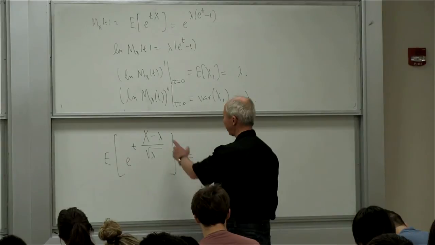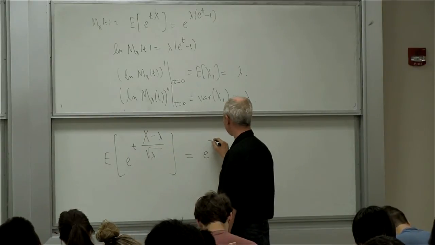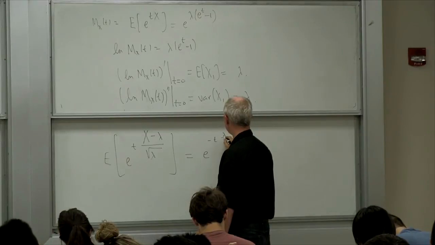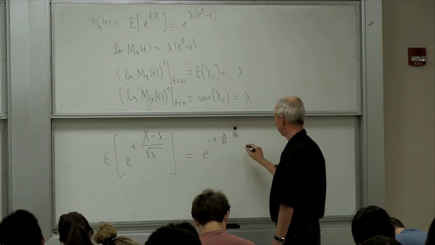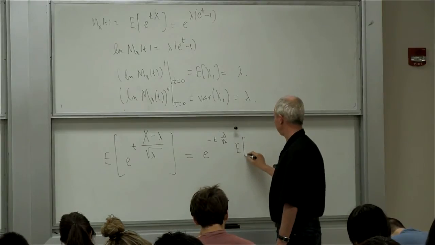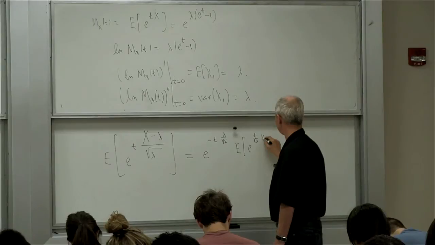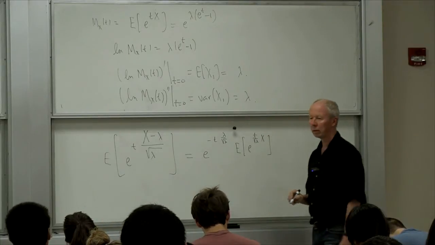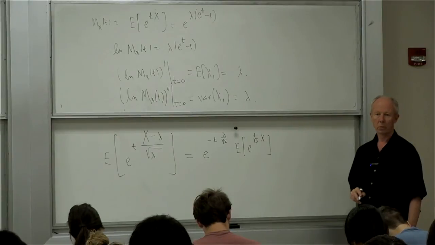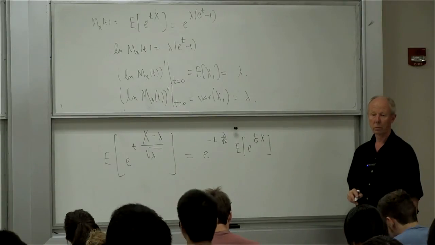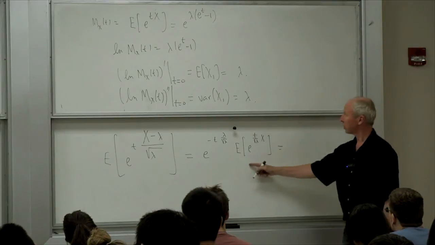So I'll do the same thing again. I'll pull out the deterministic part, or in other words, the non-random part. And now, I know what this is.